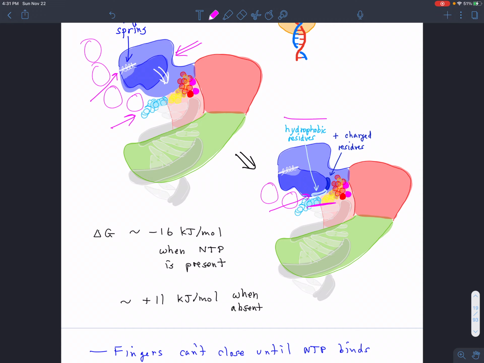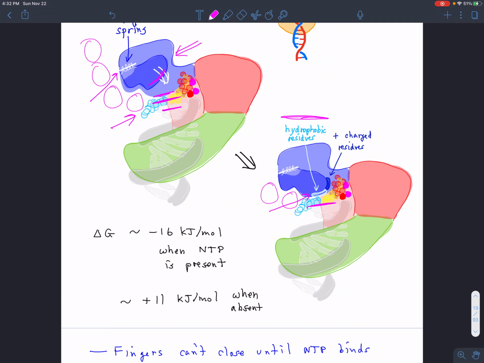And some of those are hydrophobic residues. Every single polymerase I've looked at, and I've looked at a couple dozen, have hydrophobic residues right underneath here. And they're there, obviously, to stack on these relatively hydrophobic bases. Some polymerases have actual aromatic residues there, like phenylalanine or tryptophan, so that they stack almost exactly on top of these guys as if they were already another DNA base pair.